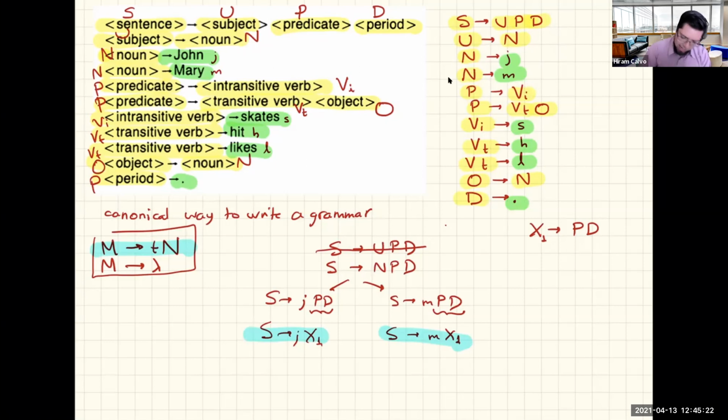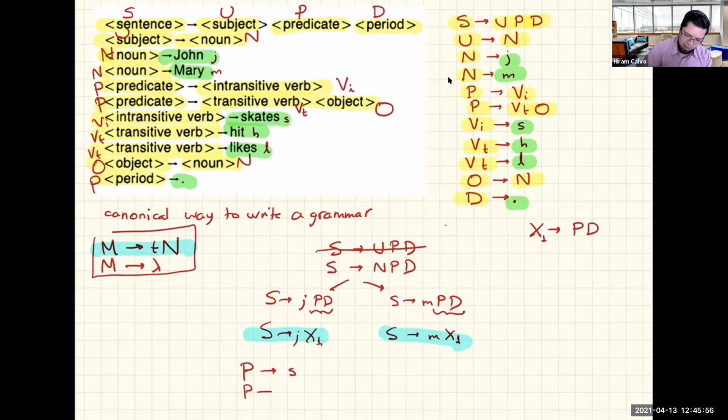And in this case, we will rewrite this P. Whenever we have P, we can rewrite it as S. For this rule, P can be rewritten as S or P can be rewritten as VTO.